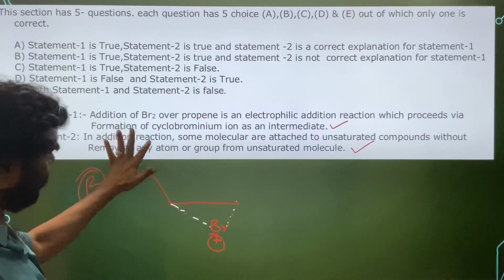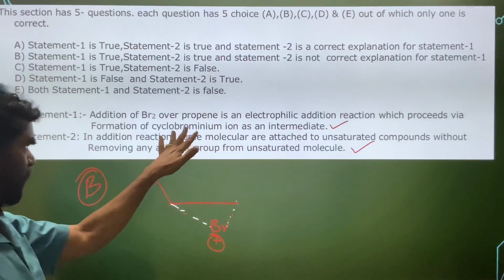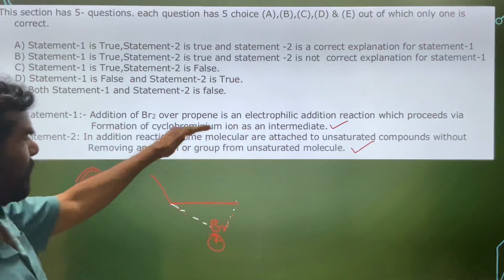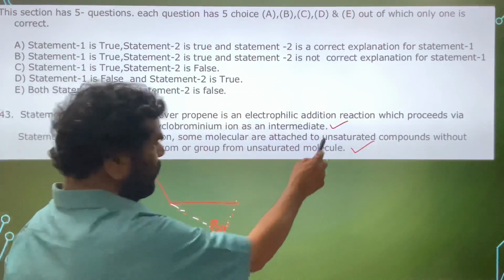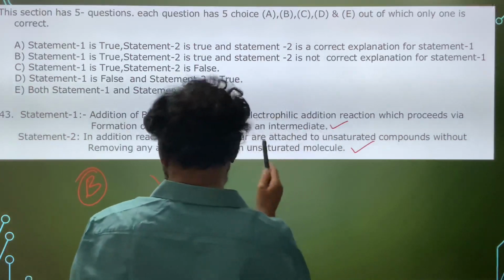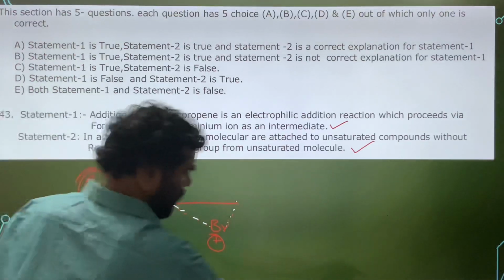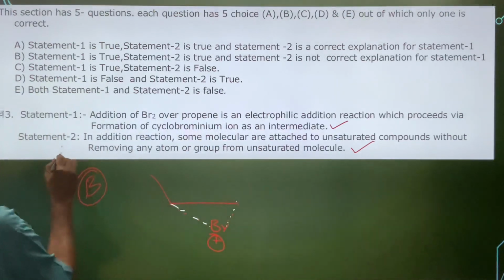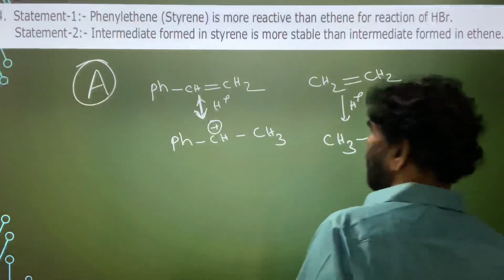This is true, but the formation of the cyclic bromonium ion intermediate is in no way related to this generalization or statement. They both are correct, but it's not the correct explanation. Therefore, B is the correct option for this statement.